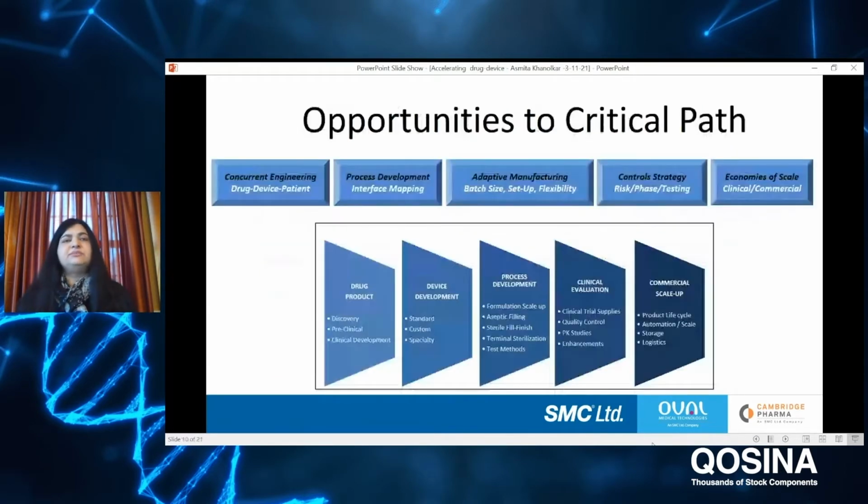Now that we've understood some of the process from early characterization to commercialization and the importance of an integrated approach, we can look at some of the opportunities to critical path. For today's talk, I want to focus on 5 major areas, starting off with the concept of concurrent engineering.